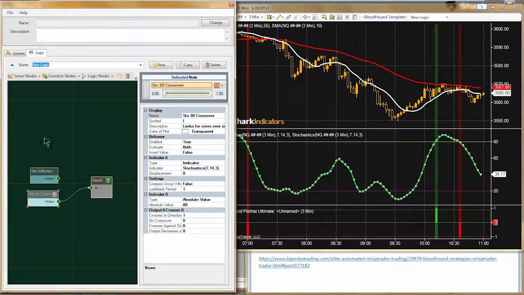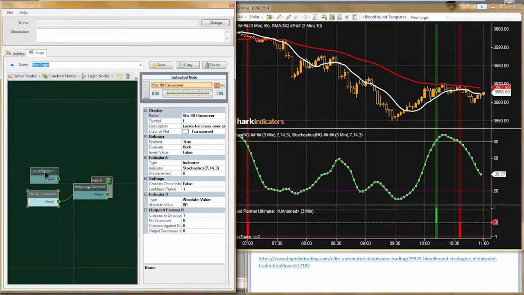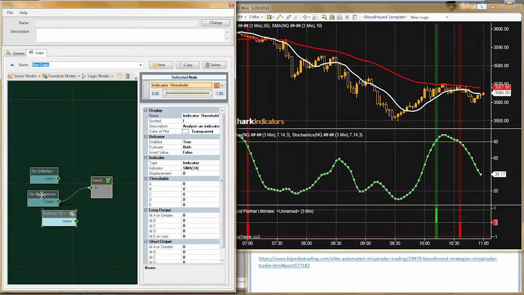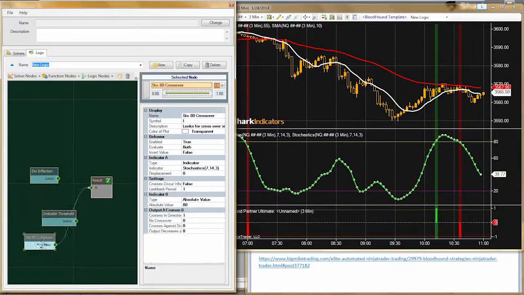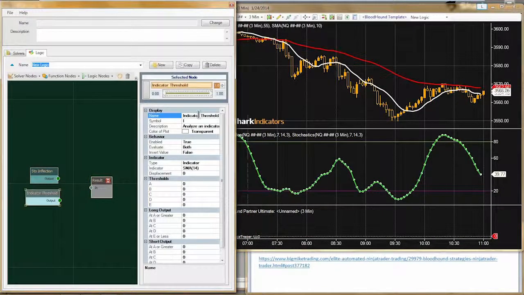Okay, now I remember exactly how it was. It was using the threshold. So let me drop the threshold on here. And I don't really need that crossover. Let me get rid of it. Yeah. Alright, so the stochastics, and we're looking for 80-20.